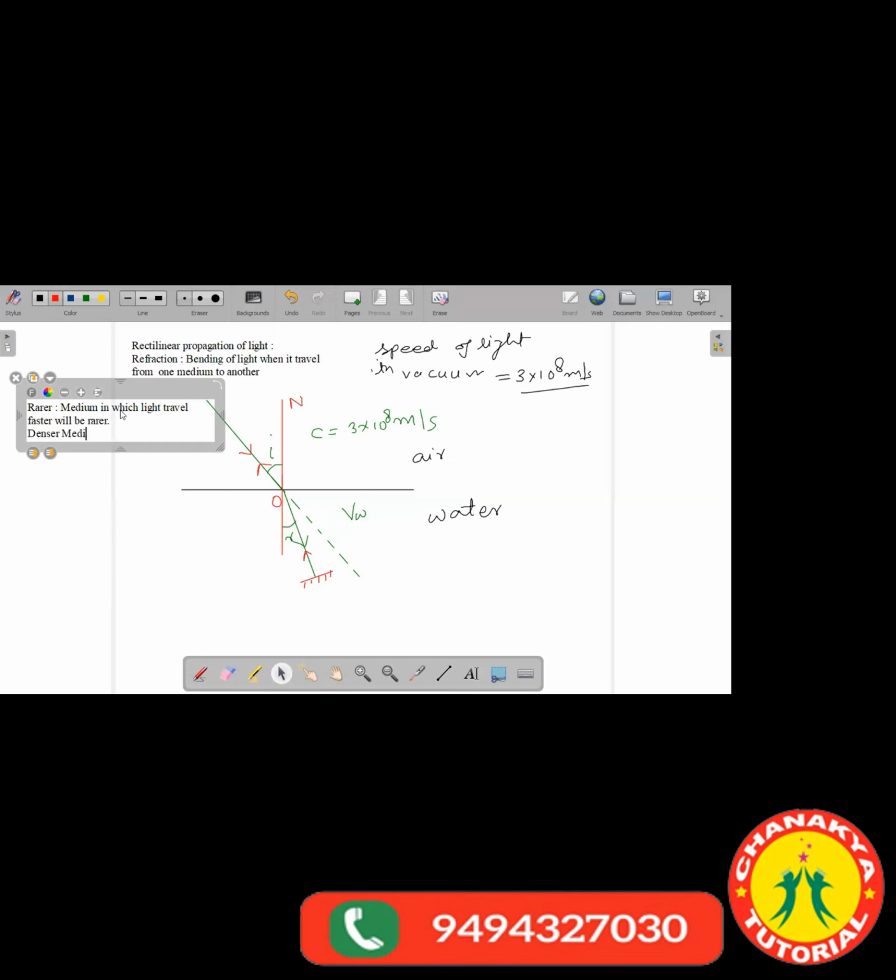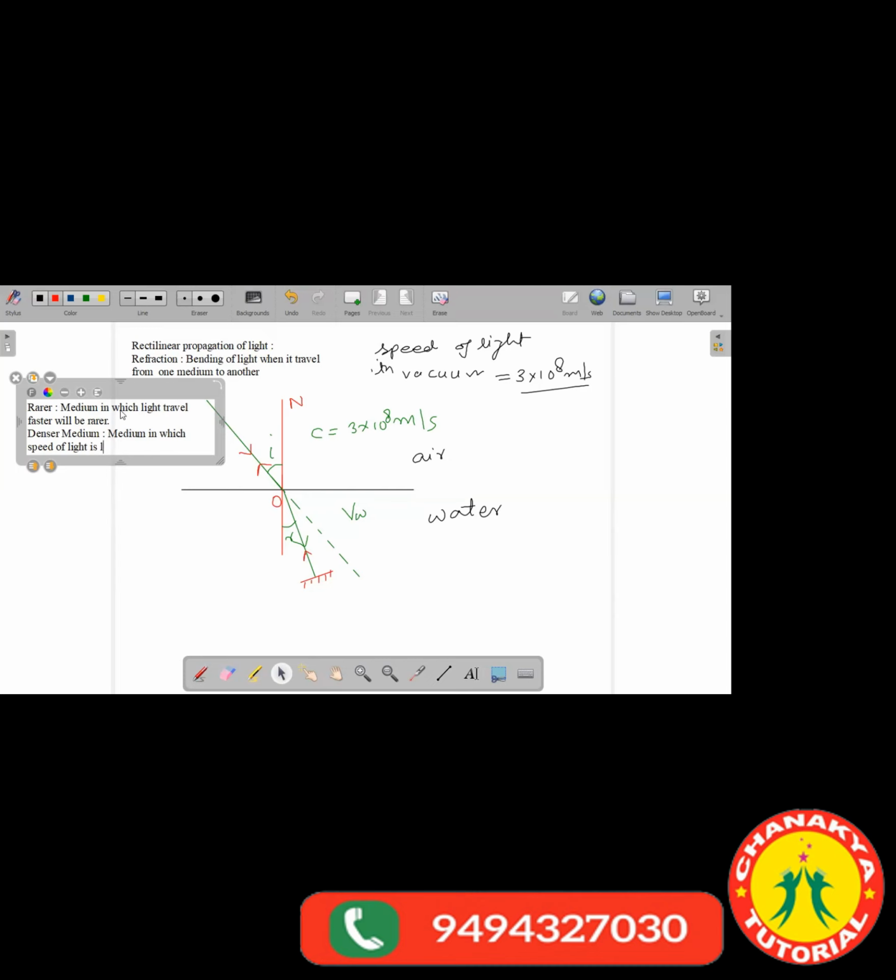A denser medium will be the one in which the speed of light is small or less.